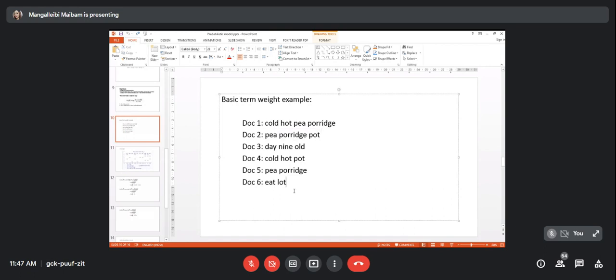So what is the total capital N? It is 6. So capital N according to this example is 6.